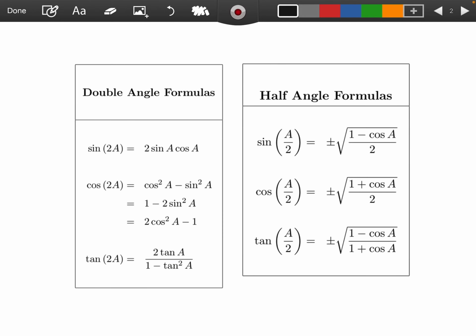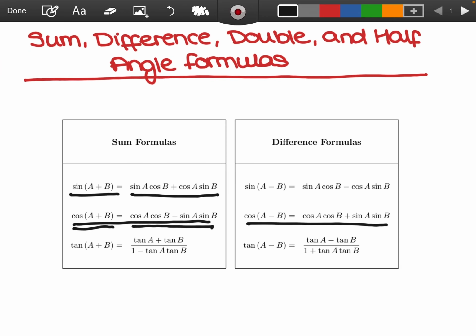How about the double angle formulas? Where do they come from? They actually are derived from the sum formulas. If I come back to my sum formulas here, let's look at sine of a plus b. If I make it sine of a plus a, so I'm making b equal to a, that would give me sine a cosine a plus cosine a sine a.